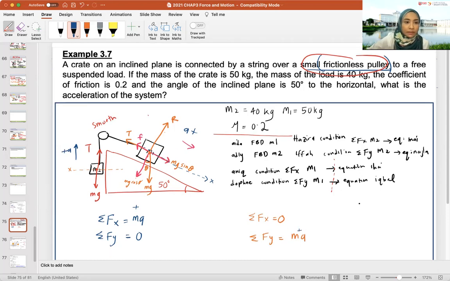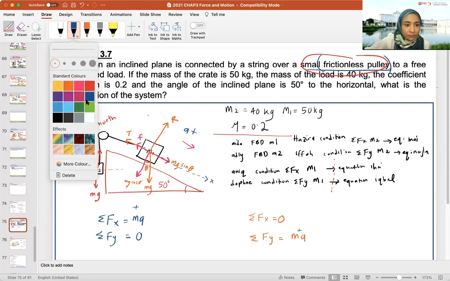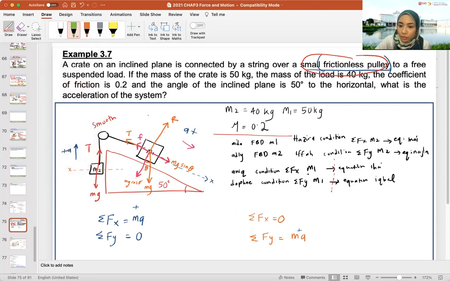Okay, now equation. Let's see. Let's use green color. Okay, so equation untuk mass 1 is Ikri. What is the equation, Ikri? mg sin 50.